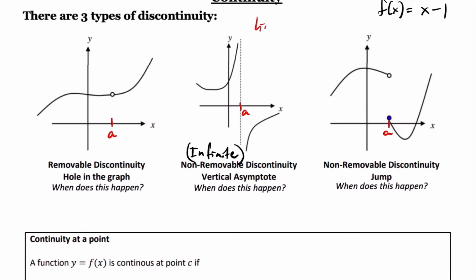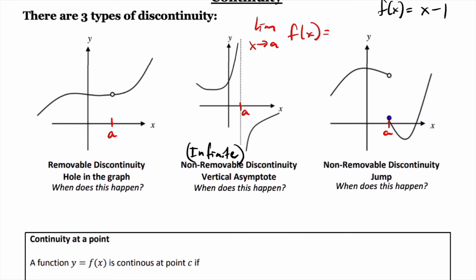So if I was going to ask you this, the limit as x approaches A for either of these guys, which would exist? The removable would exist for sure, right? Because you come from the right, you come from the left, it meets at the same spot, right? How about infinite? No, it wouldn't exist, right? One's going up, one's going down.